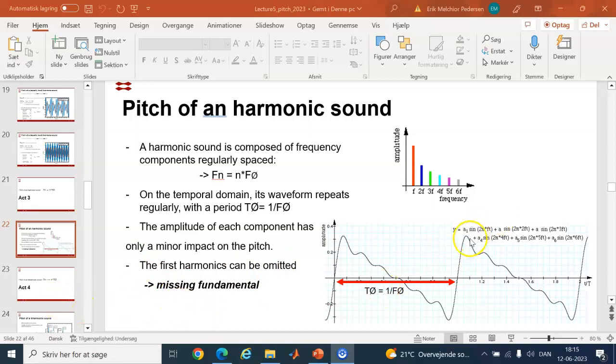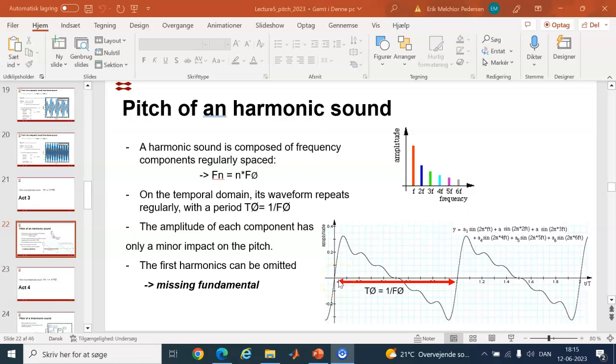So we have some here. The waveform y is A1 sin 2π f t, and then sin 2π times 2f, and then 3f, 4f, 5f and 6f frequencies, according to this: f2, f3, f4, f5 and 6f.